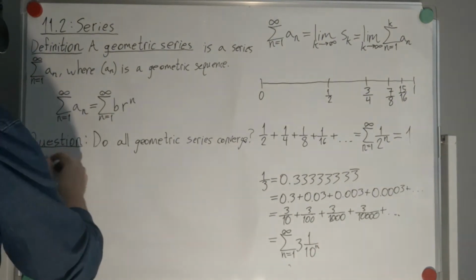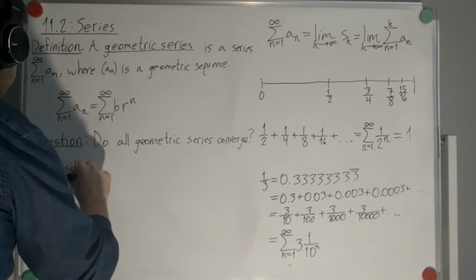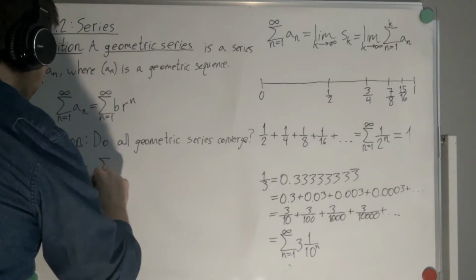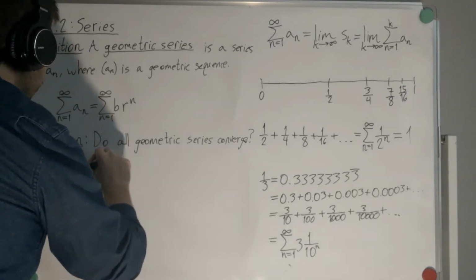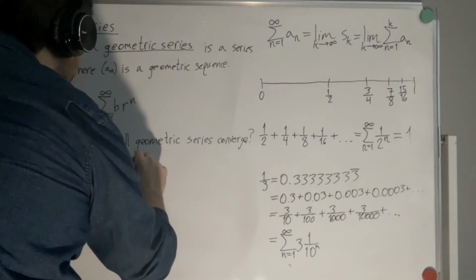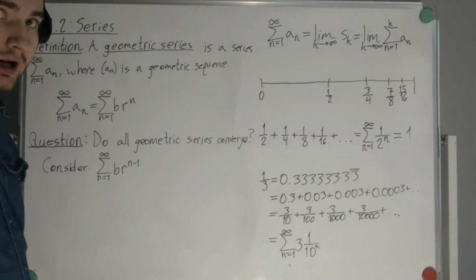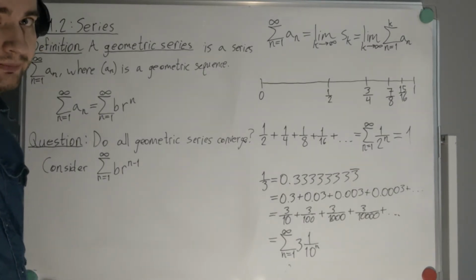So here's what we're going to need to do. First of all, consider the geometric series sum from n equals 1 to infinity of b times r to the n minus 1. Okay? Every geometric series can be written like this.